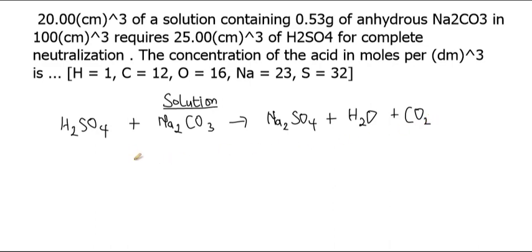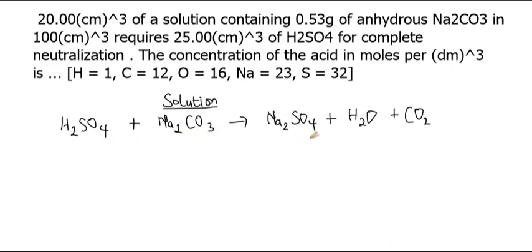After writing out the chemical equation, the next thing to do is to check if it is balanced. Let's start with hydrogen. We have 2 atoms of hydrogen on the reactant side, and on the product side we have 2 as well. For sulfur we have 1, and here we have 1 as well. For oxygen we have 4 plus 3, that's 7.